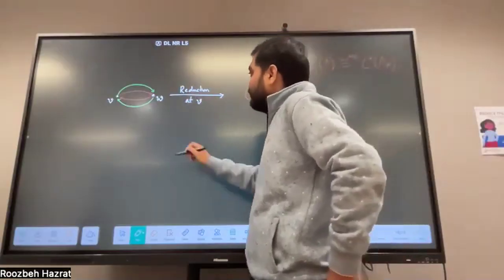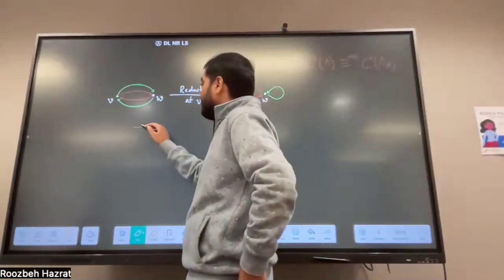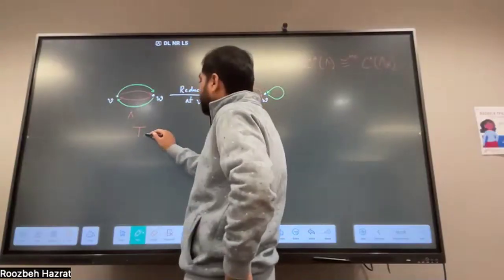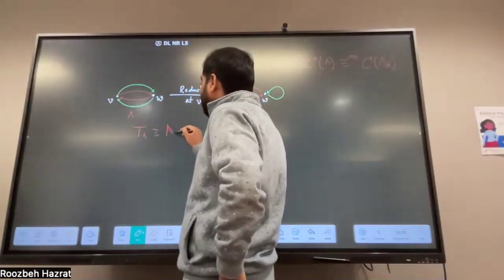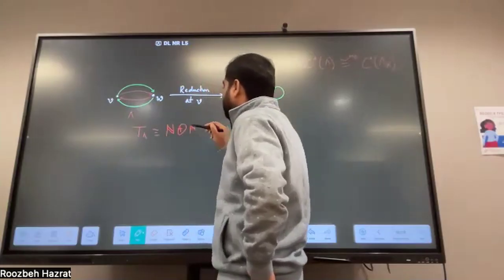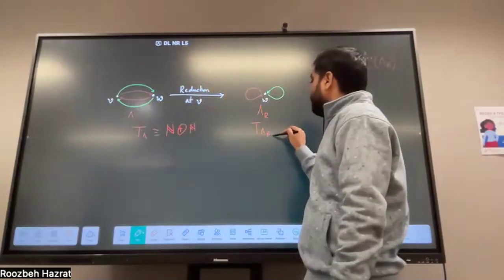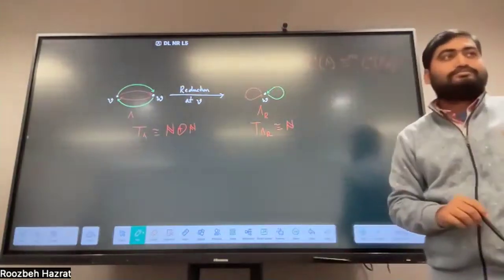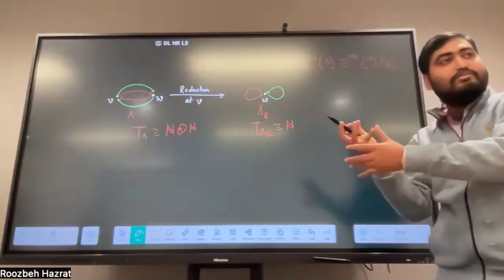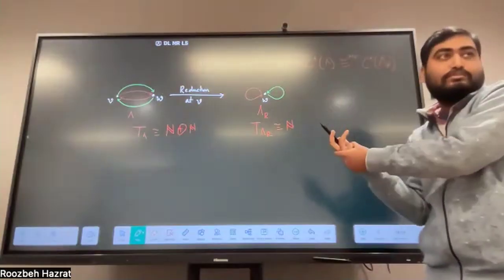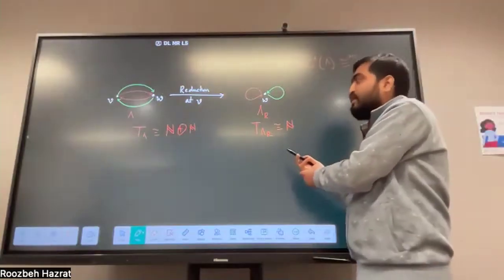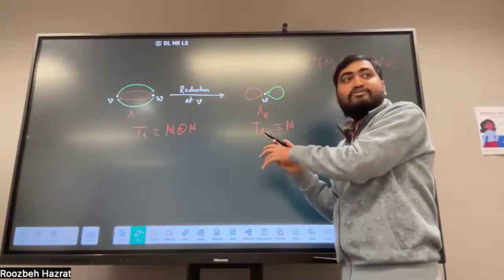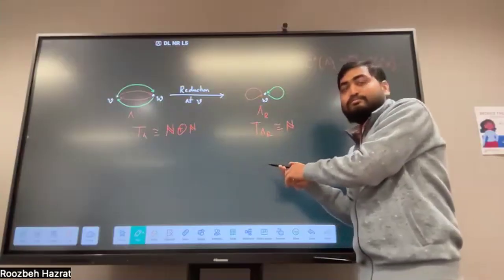So here also at the level of talented monoids, you can check that this is lambda, this is lambda r, and T lambda is N plus N. But here T lambda r is one copy of N. But if you calculate the ordinary graph monoids, they are the same. So that's why the talented monoids are important. It captures the length, as I have previously mentioned.